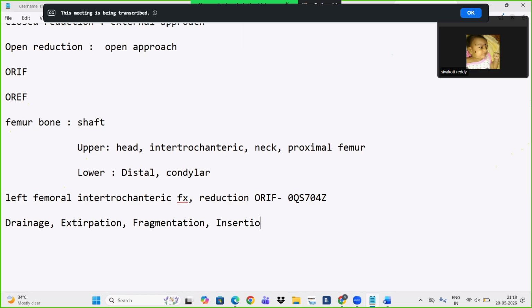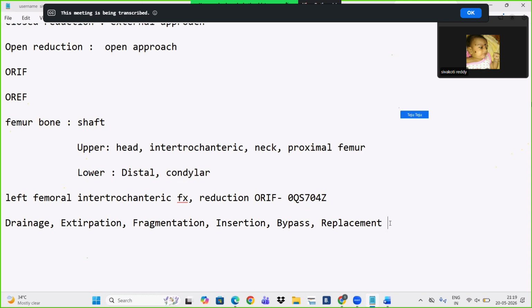Insertion, bypass, replacement. These root operations you can learn. Six root operations total. Read the definitions before going to the class. Tomorrow we can discuss these six root operations.